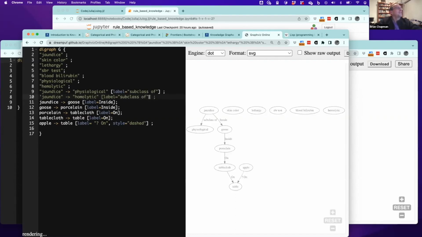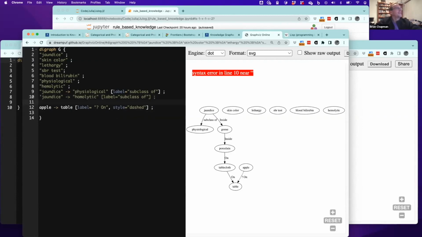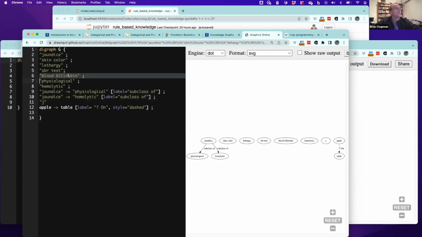Okay, so then let's get rid of all that stuff. Okay, so then how are we going to fit blood bilirubin in? What's the relationship?